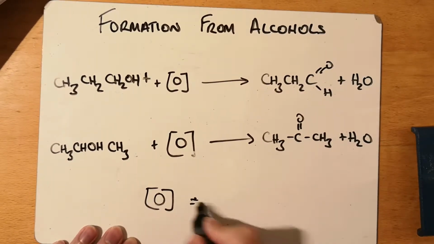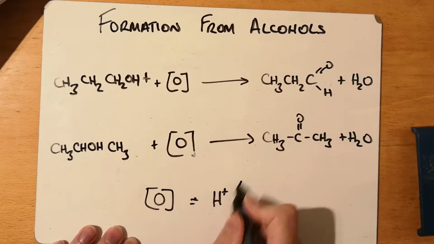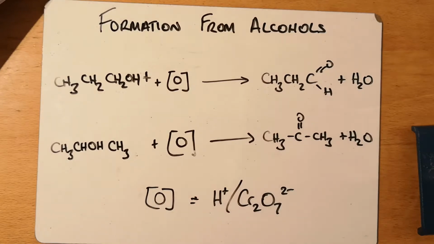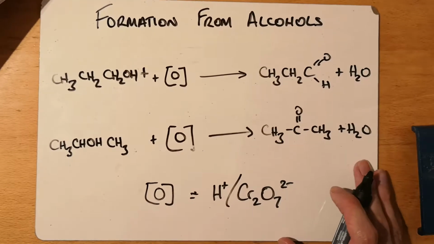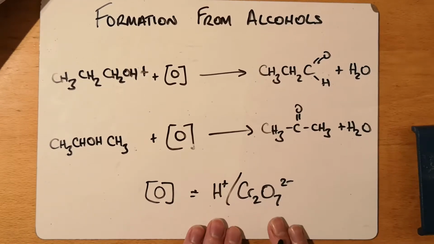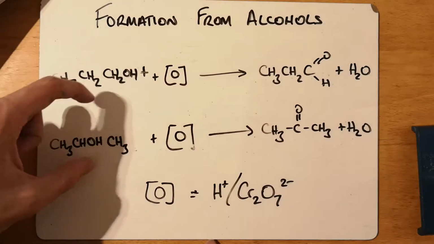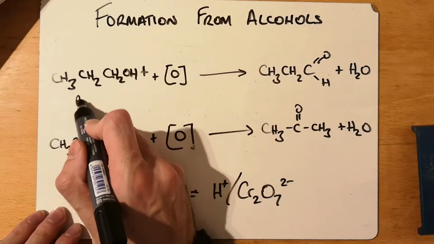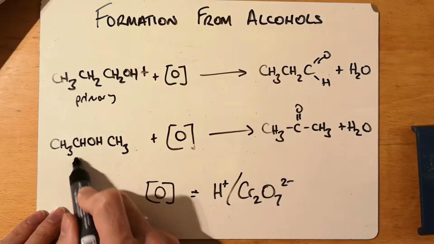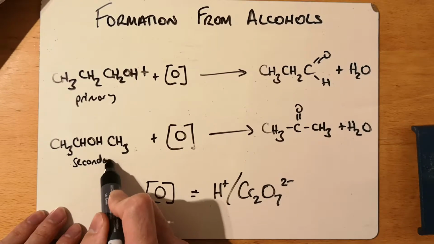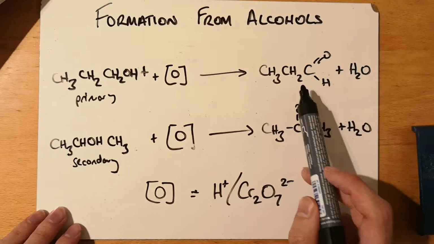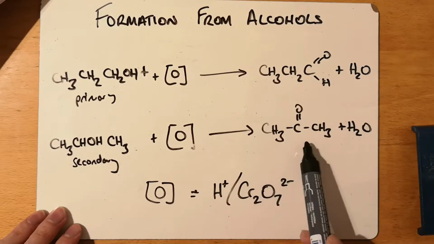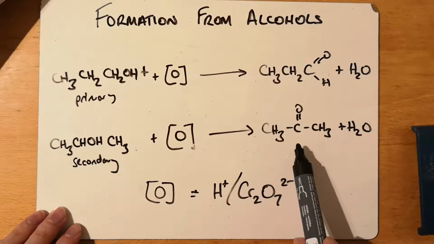In this reaction it's generally acidified dichromate ion, sometimes potassium dichromate, but it's acidified dichromate. If we add this to our primary alcohol or our secondary alcohol, they will form an aldehyde if it's a primary, and a ketone if it's a secondary alcohol.